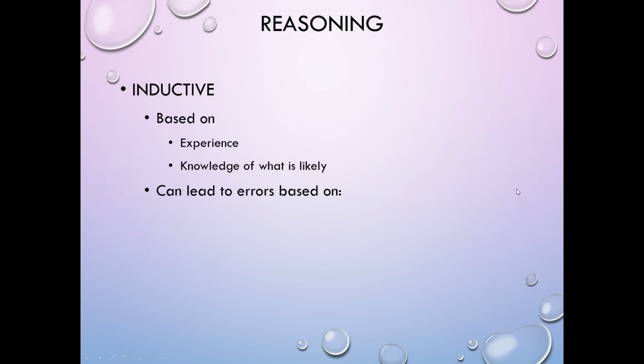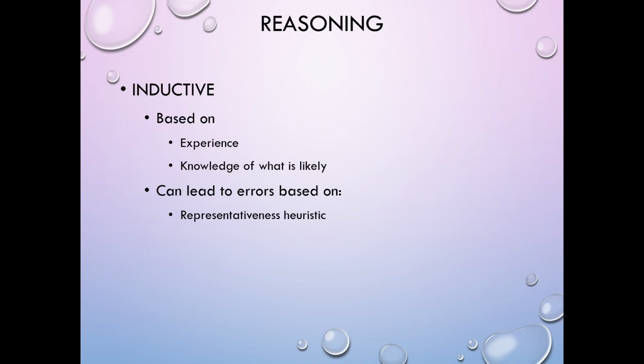But even with our far superior inductive reasoning skills, we can display a lot of errors, and our errors tend to come from the representativeness heuristic, right? Because we use our experience, we use our knowledge of the prototypical case and things like that.